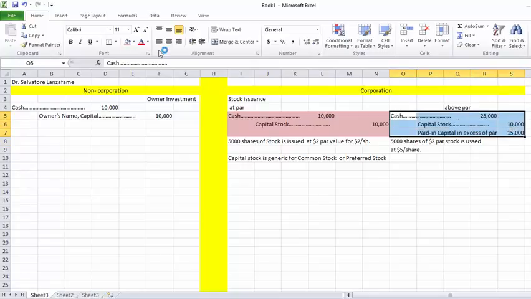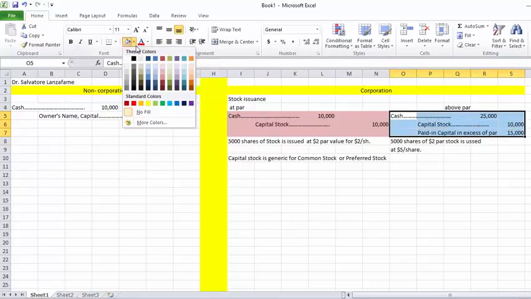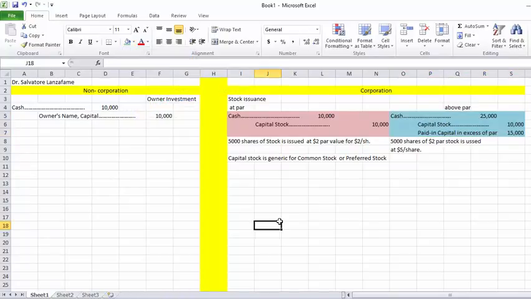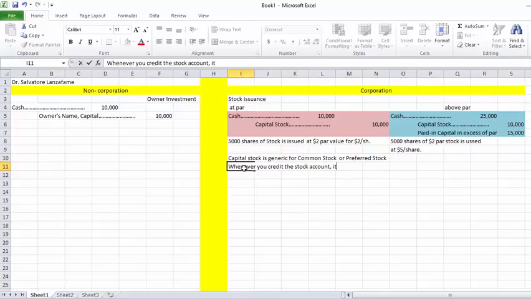That's what the journal entry would look like if we issued the stock above par. Notice in both cases, capital stock was credited and recorded at par. So let's put that here. Whenever you credit the stock account, it must be recorded at the par value.